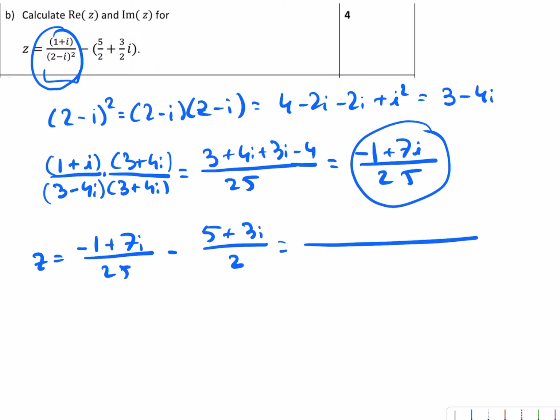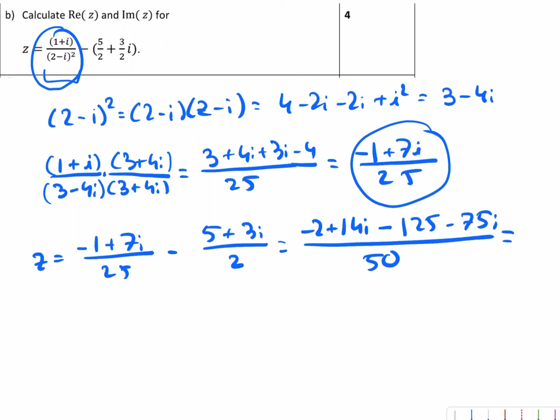The common denominator here has to be 50. That's minus 2 plus 14i. And then we're just going to get the minus 125. And then we're going to have to multiply 3 times 25 as well, which means minus 75i.